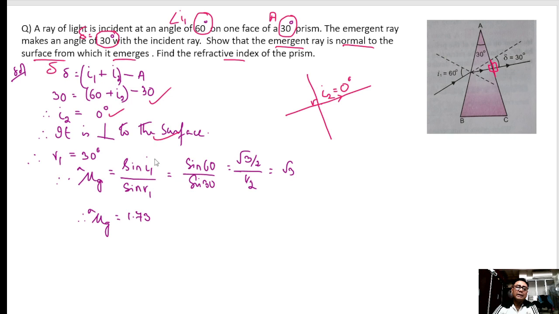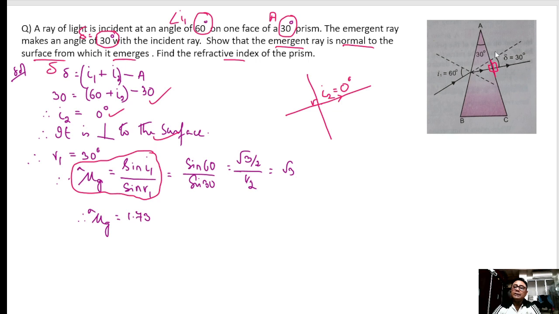Refractive index is sin I1 by sin R1. Okay, so here they told that it is hitting at 30 degree. Yes. So please watch here. R1, what is R1? This is 90 degree given, this is 90 degree given, clear?